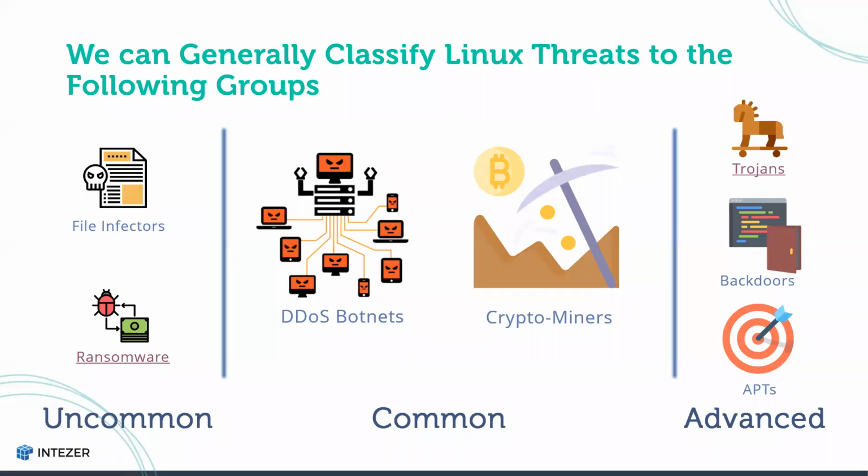So that would be the domain of common malware. If you deploy an SSH honeypot, within 5 minutes, you will see thousands of hits, and most of them will probably be either crypto miners or DDoS bots.